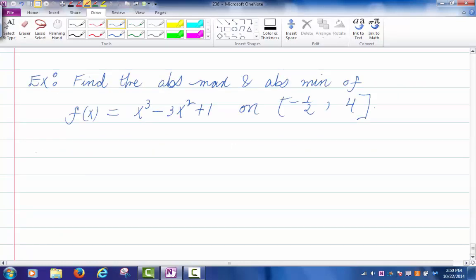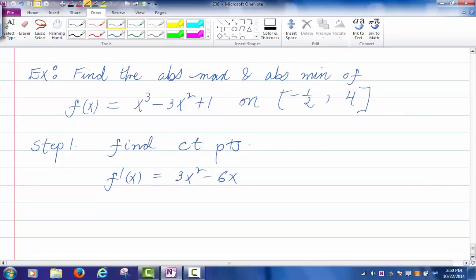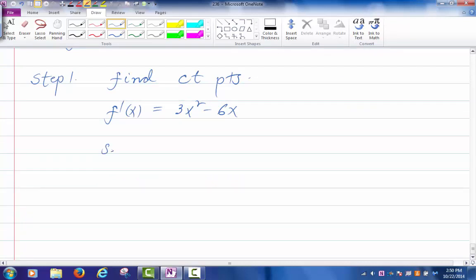Well, the first step in doing such a problem is that you are going to find the derivative. You're going to find the critical points. So the first step is find critical points. How do I find the critical points? I take the derivative, and the derivative is 3x squared minus 6x, and then I am going to solve the derivative equals 0.